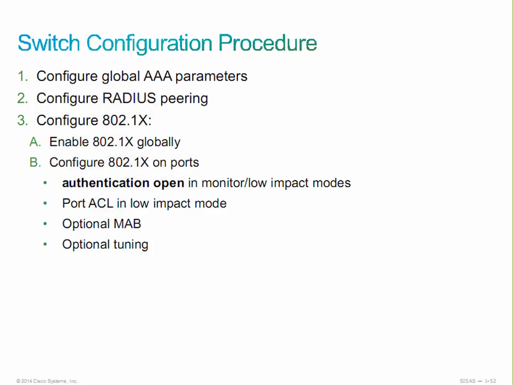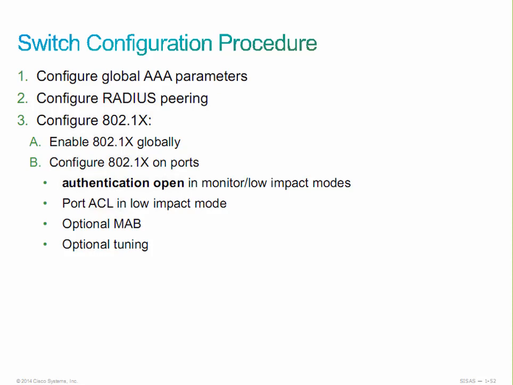First thing we need to do is set up our global AAA parameters, which would include things like the default group .1x authentication parameters, the authorization parameters, the accounting parameters. And then we have to configure our radius association. And then finally, we have to configure our 802.1x settings on the switch based on the physical ports that are actually going to be providing the .1x authentication.